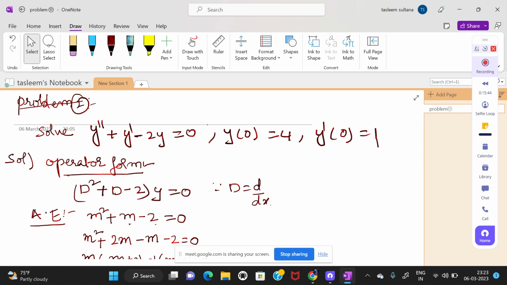Ma'am, how did you get the operator form? That's where I'm confused. The operator form: what is given here is y double dash plus y dash minus 2y.